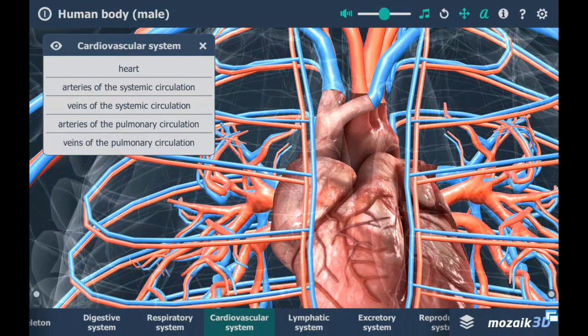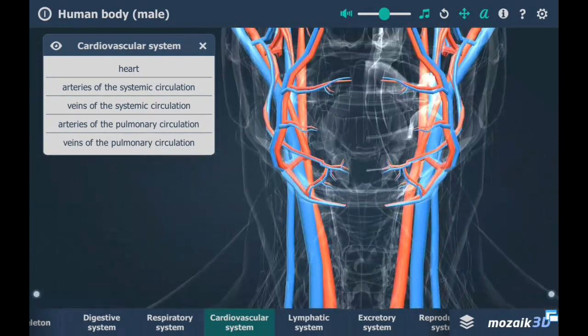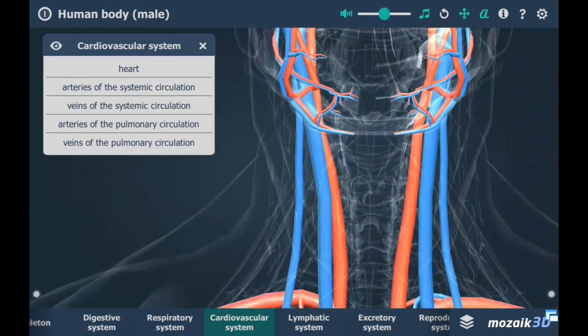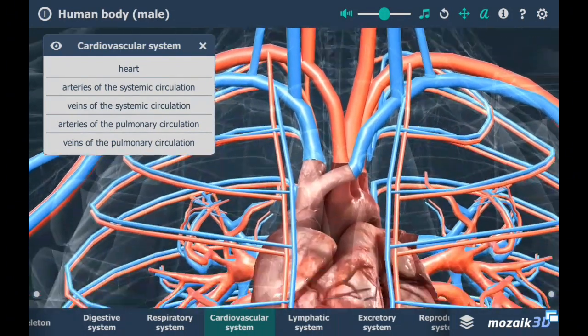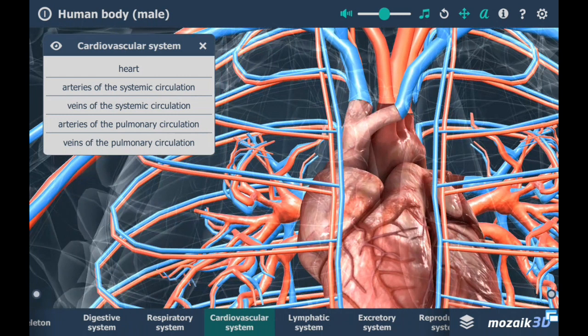This is the right atrium that stores deoxygenated blood, and the blue are arteries and red are veins. It gets delivered to, you may see all of this, that's where it connects to the alveoli.